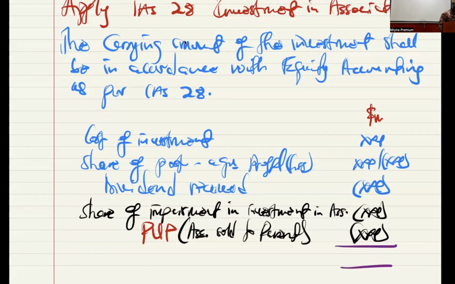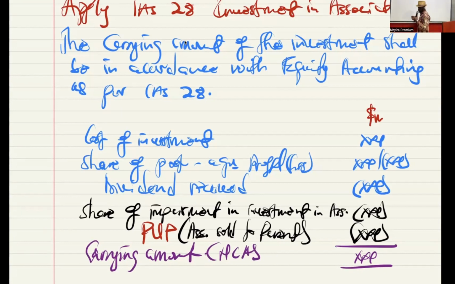So once we are done with that, this becomes the carrying amount at the reporting date. That will go on the face of the statement of financial position under non-current assets, because investment in associate is a non-current asset. Note that it is the share of profit from investment in associate that goes to the P&L and not the dividend received.